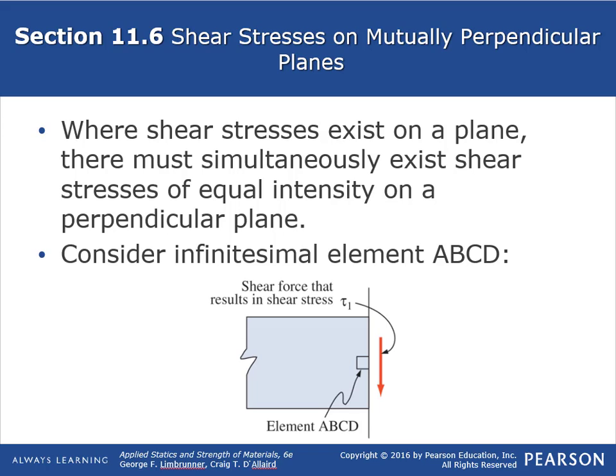What we're trying to do is get to the point where we understand that when shear stresses exist on a plane, there must simultaneously exist shear stresses of equal intensity on a perpendicular plane. There's really no problems in this section. We're just trying to make a point as to what shear stresses look like in an infinitesimal shear stress element.